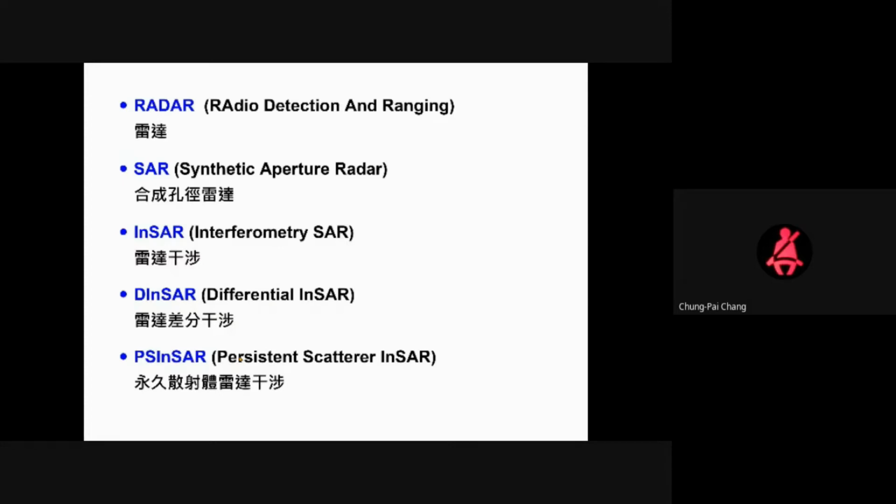I don't want to talk too much about the advanced techniques because they are still being developed, so I will stop at PS-InSAR. Today we have almost 2 hours, so let me introduce you one by one from radar to SAR to InSAR, D-InSAR, and PS-InSAR. Okay.